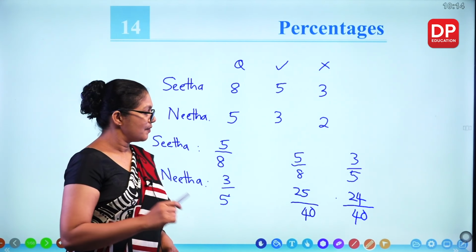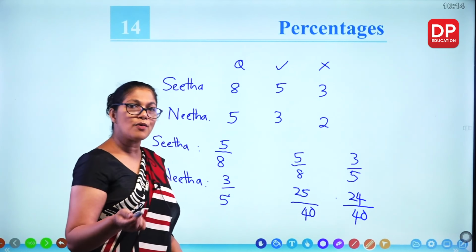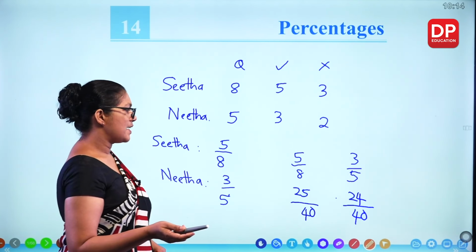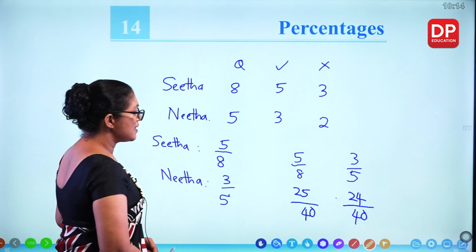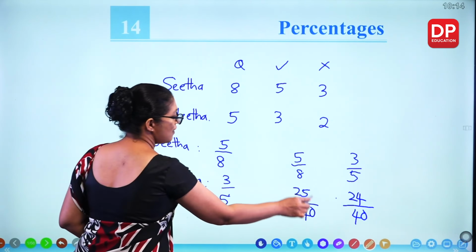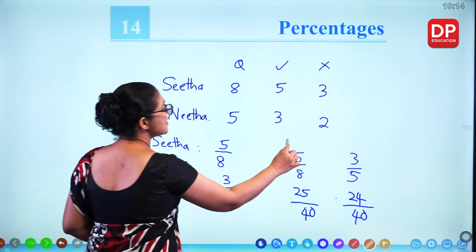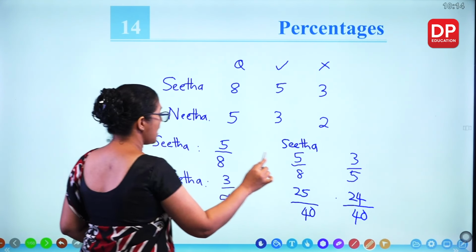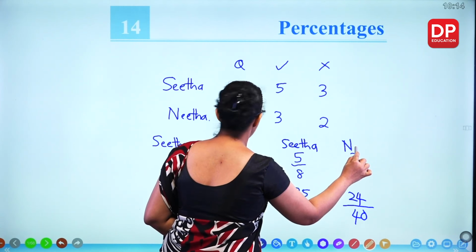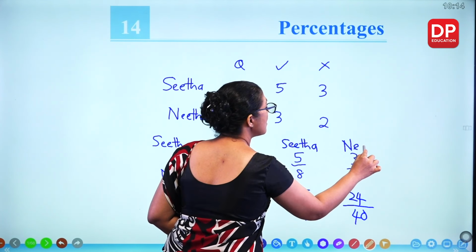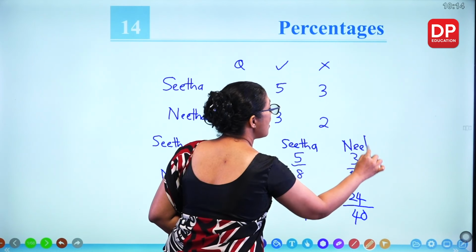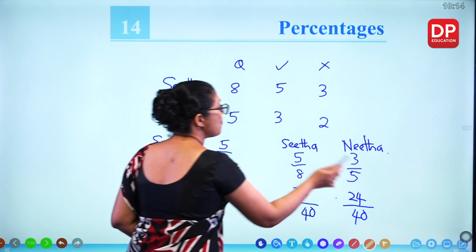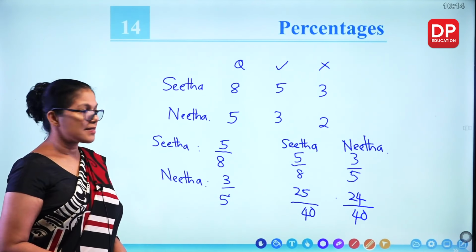Now, same denominator, you can compare the numerator. So, which one is the best? That's Sita. So, we can see Sita is the best one when we compare the correct answers.